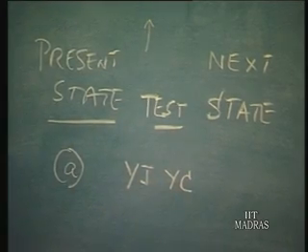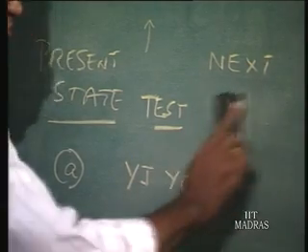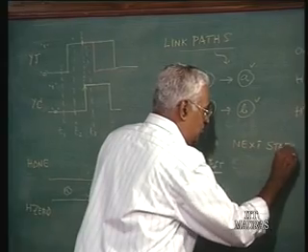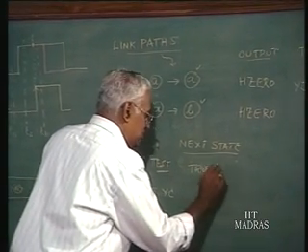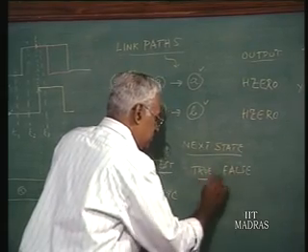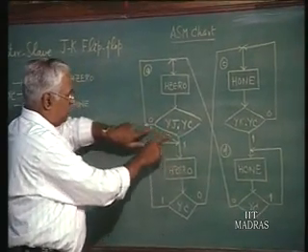Now, because there are two next states, that is, one is a true next state and the other is a false next state, I have to record that here. So the true next state is this, false next state is this.